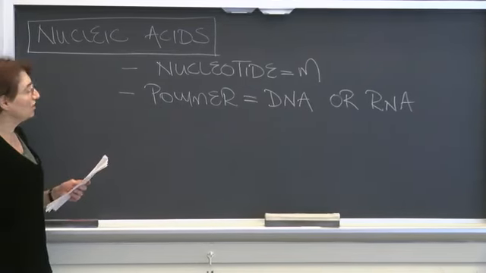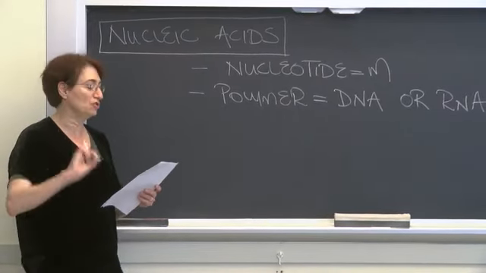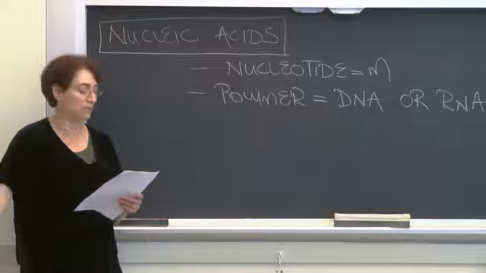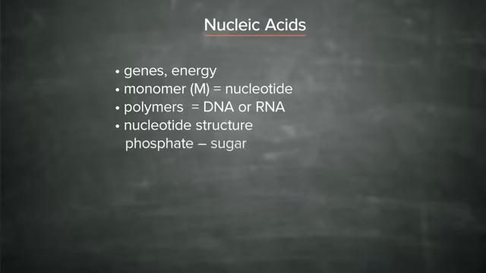The structure of the nucleotide is stereotypical, and you should know the names of the components. So the nucleotide structure is comprised of a sugar, a phosphate, and a base. And we write it really as phosphate, sugar, and base. I'll show you the chemical structure in a moment. And we can abbreviate this as PSB.